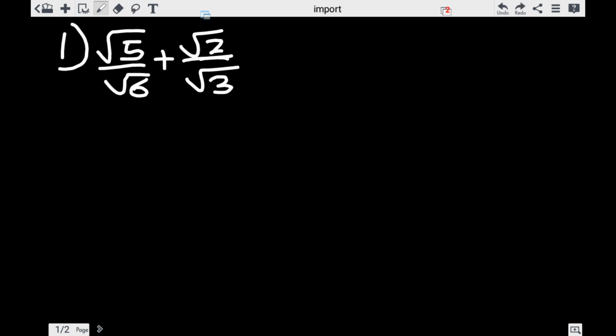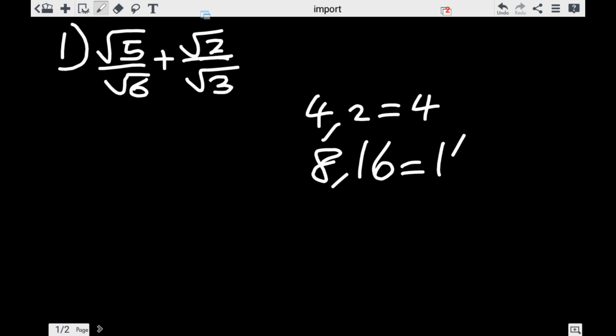So what is the least common multiple of 3 and 6? The least common multiple of 4 and 2 is 4. The least common multiple of 8 and 16 is 16.